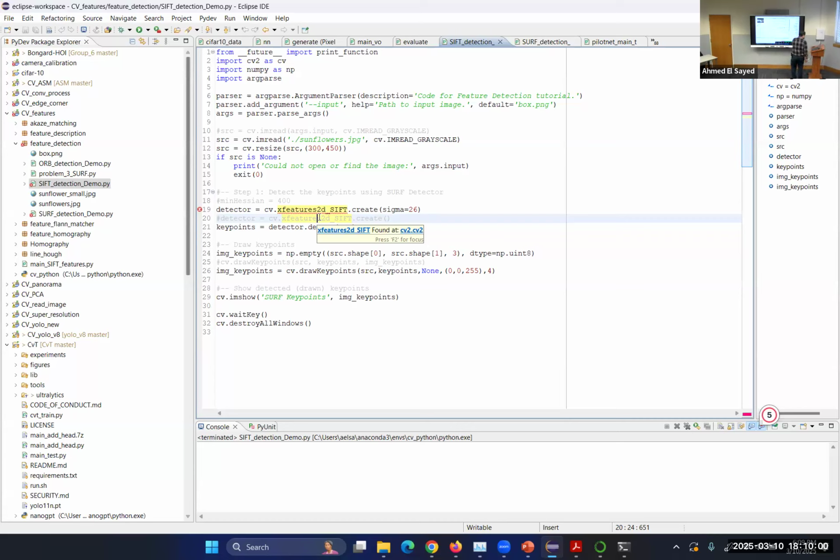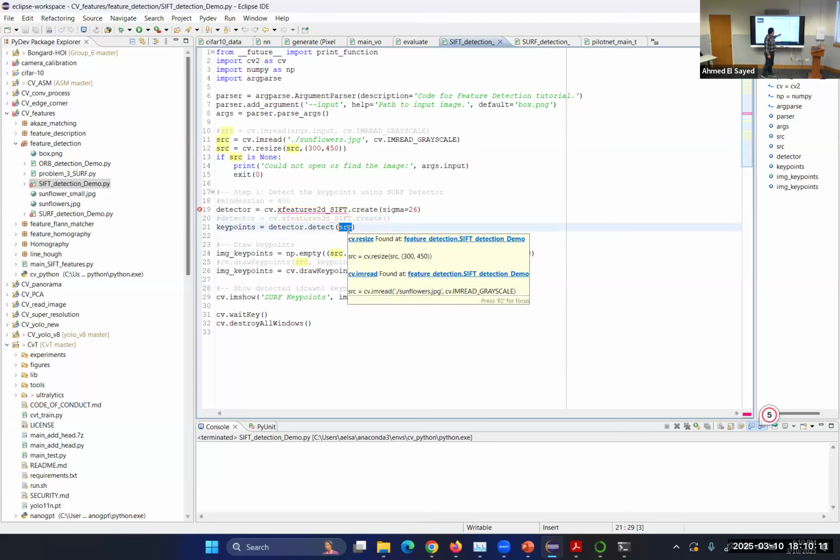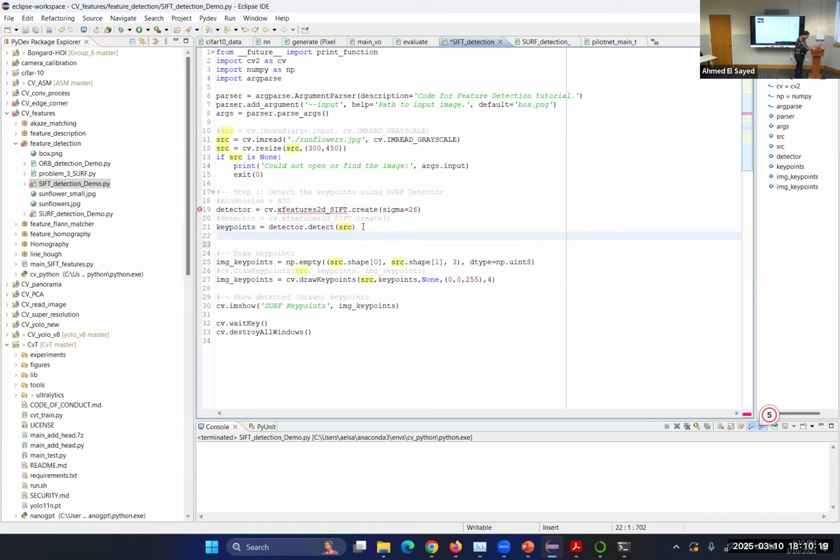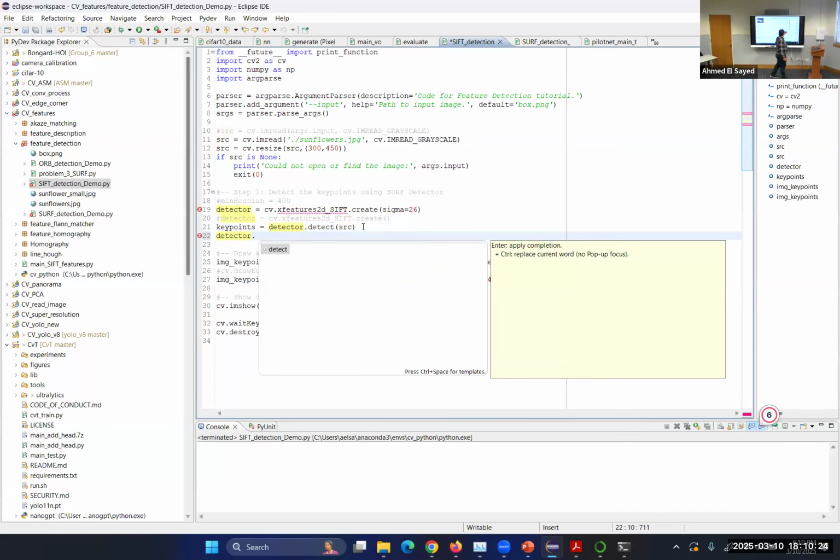After that, I want to apply this detector over my image. So I will call detector.detect, and this is my image, the source image I have. The detector has two main functions. The first one is detect.